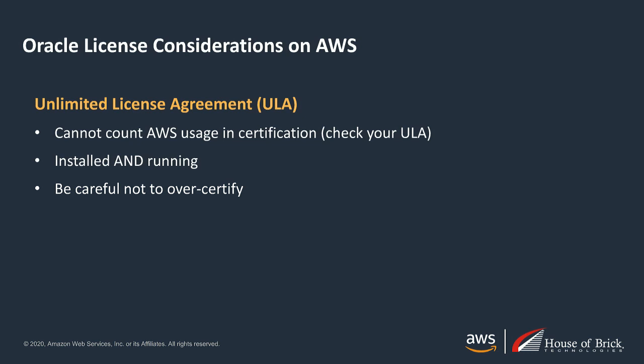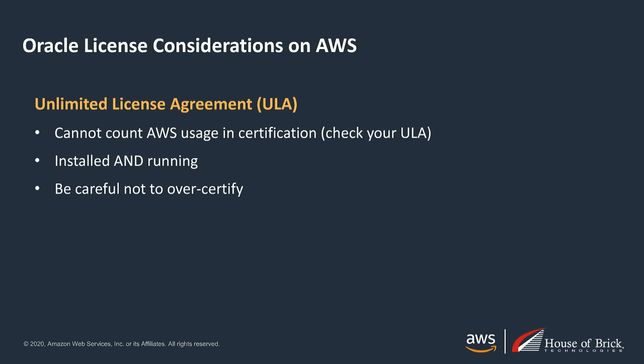Now that can be a good thing, but watch out. The certification process counts all systems where Oracle is installed and running, not installed or running. So on certification day, at the end of your ULA, if you have an Oracle software installed somewhere but it's not online, you don't get a license for it.